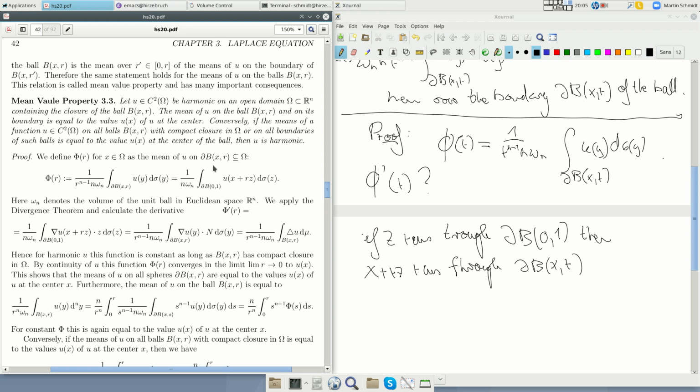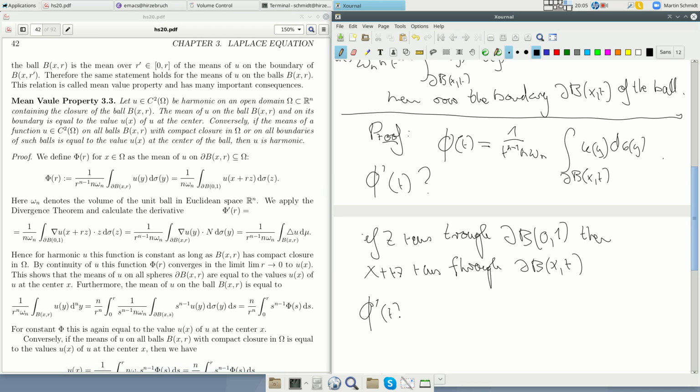Now we can differentiate. Here, the only place where r shows up is here. And clearly, since u is a continuously differentiable function, we can differentiate with respect to r. Now let's differentiate with respect to r. Phi prime of r is now 1 over n omega n integral.